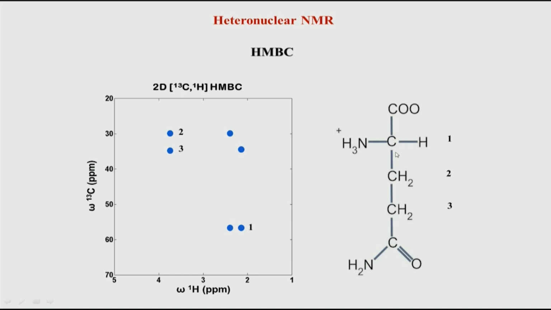This is 3 bond, which is 2 to 5 hertz, sometimes even less than 2 hertz. It varies, but there is a finite small coupling possible up to 3 bonds. You can go further, but that is much weaker and we can ignore it. So, we will focus only on 2 bond or 3 bond carbon proton long range coupling.